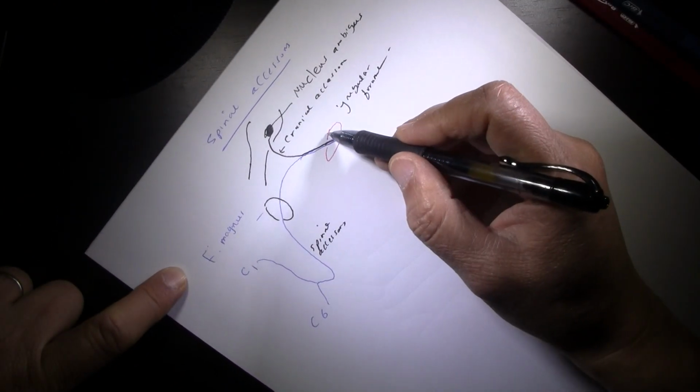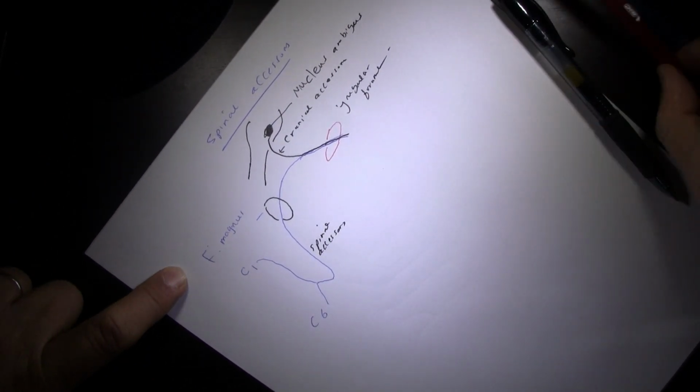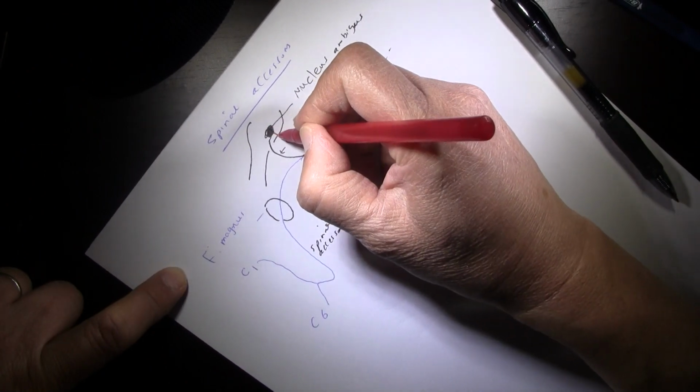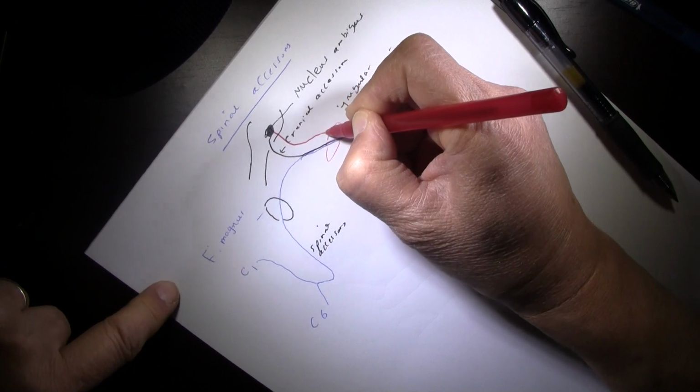Which other nerve comes out through the jugular foramen? Do you remember? We have the vagus nerve, coming from the same nucleus, nucleus ambiguus. What happens is that once the cranial accessory comes out through the jugular foramen, it joins the vagus and becomes part of the vagus nerve.